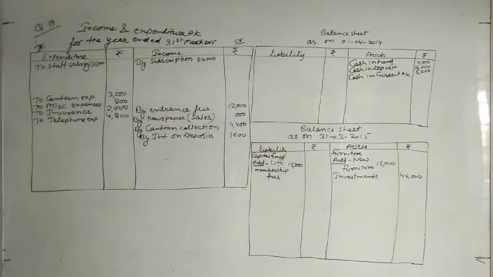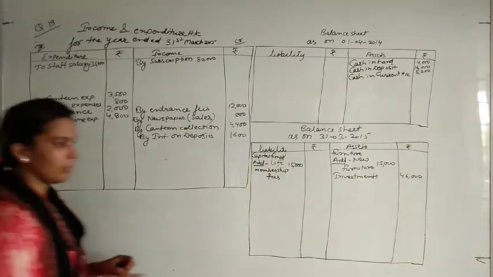Next point, by balance CD. By balance CD means these are the closing balances, that is cash in hand, cash in deposit account and cash in current account.